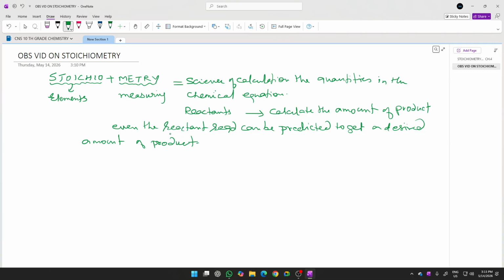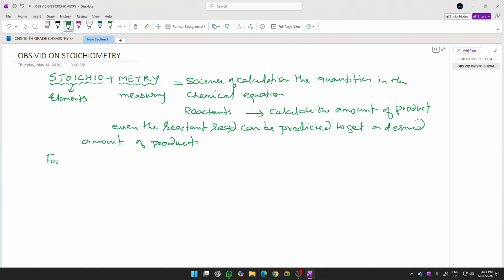In short, stoichiometry is that branch of chemistry in which you learn to calculate how much reactant will give you how much product, or predict the amount of reactant needed to get a fixed amount of product. Either way you can do. This is the meaning of stoichiometry in chemistry.